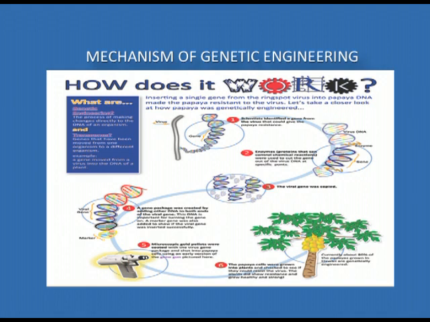So, the gene which expresses such disease resistance is isolated from the virus, and with the help of a vector, it is inserted into a papaya cell. After its insertion, the papaya cells are cloned to produce numerous copies and later regenerated into a disease resistant papaya plant.